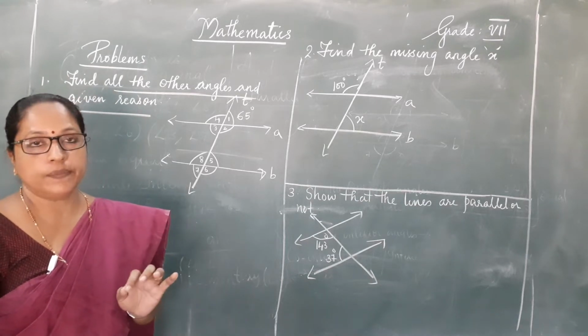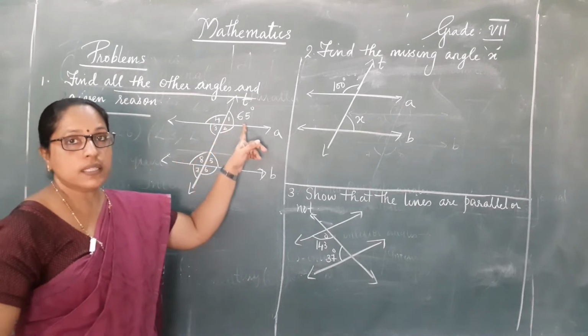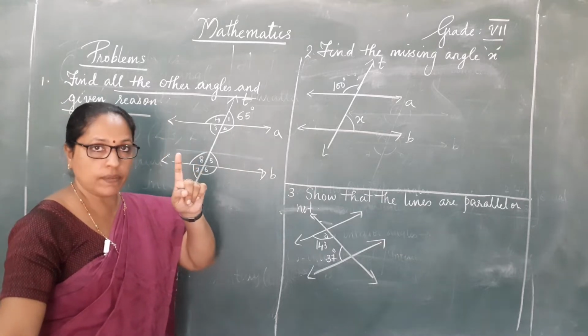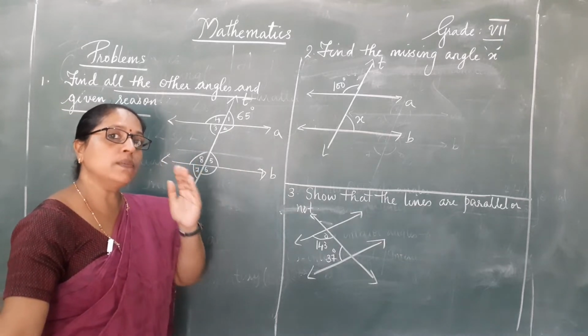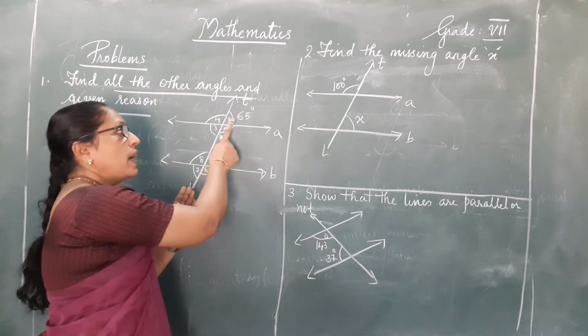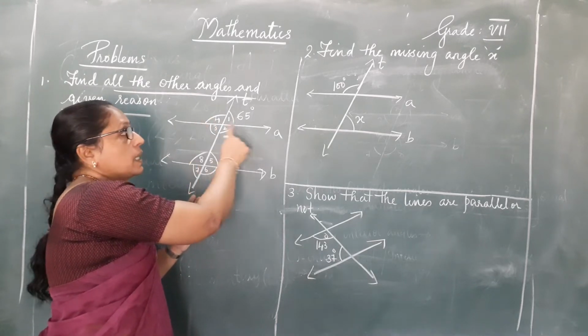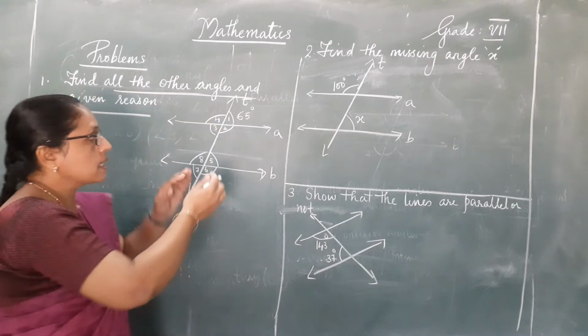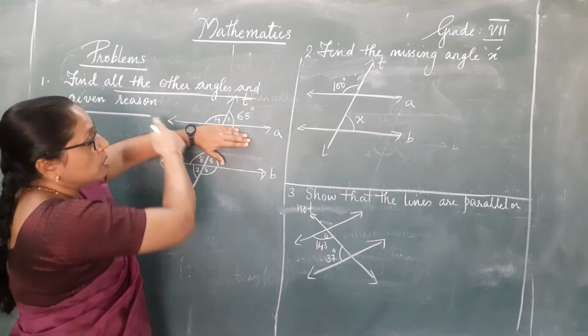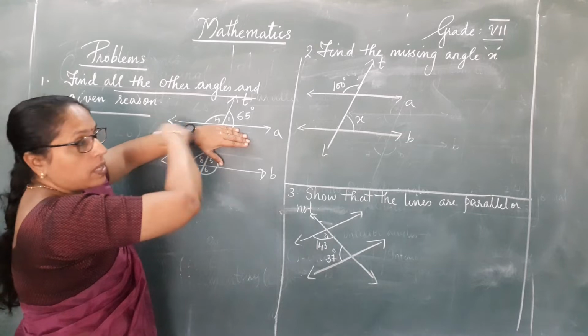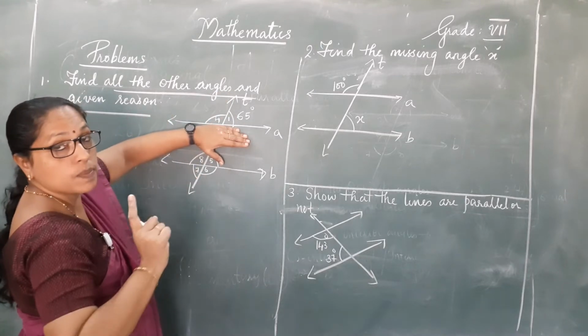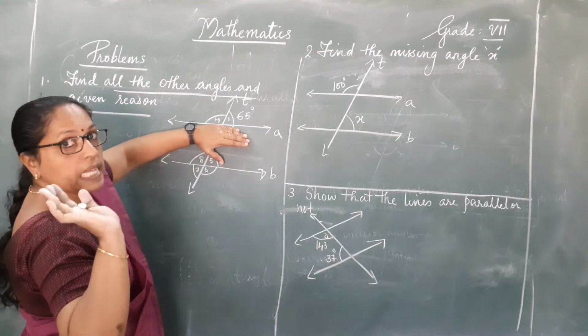Okay, children, whenever only one angle is given like this, what you have to do immediately is find an angle which is adjacent, by the linear pair property. Look at this picture: a straight line and a ray. What do you call this? Yes, linear pair.